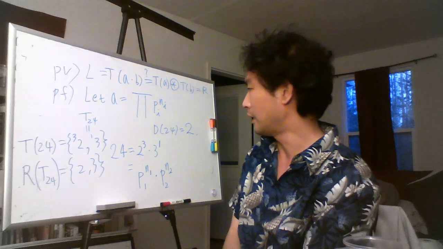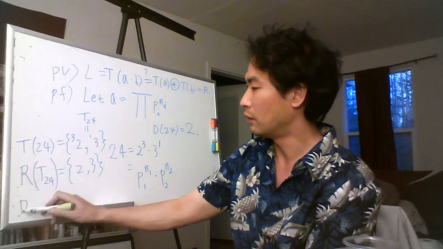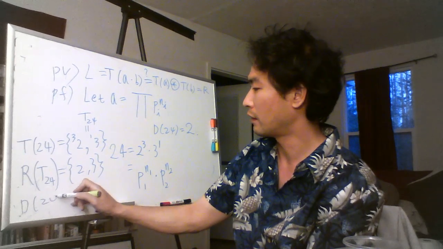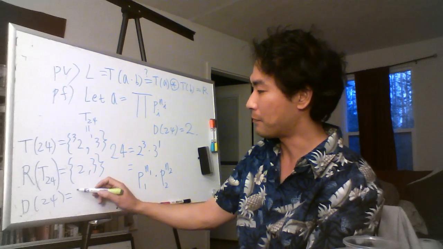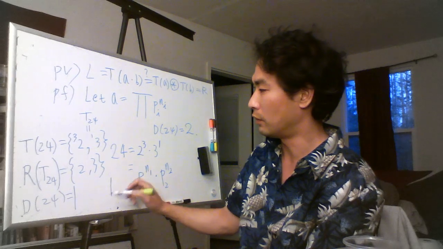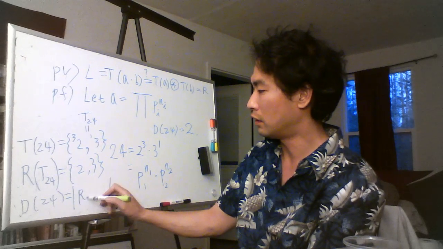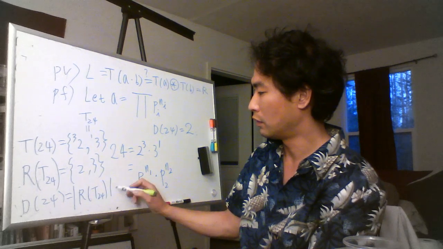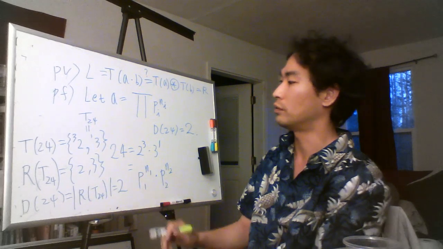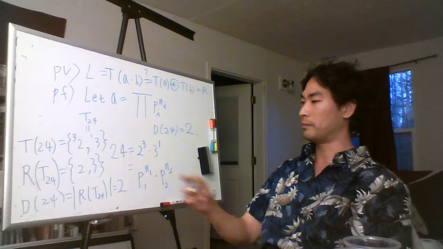Now D of 24 is equal to the cardinality of R of T of 24, which is equal to 2. How many elements are there? Two of them.